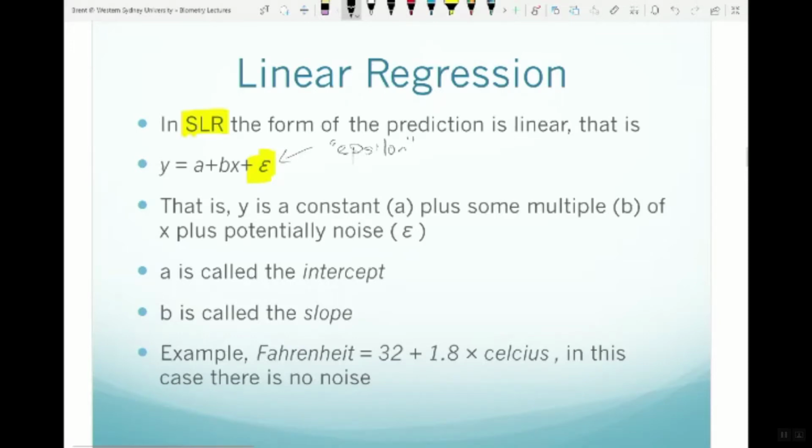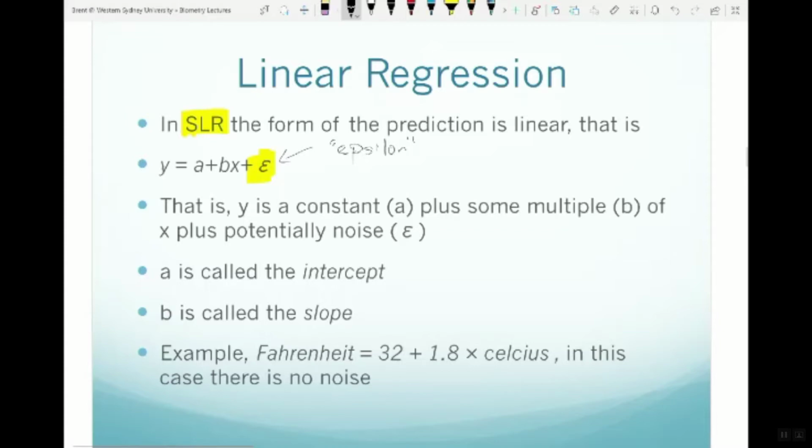We're not really going to come across epsilon again, aside from introducing it here. Epsilon is noise, is just some normal variation. You get your equation of the line. Obviously, your data isn't always going to fit exactly on the line, right? If it's not a perfect correlation, there's going to be some plus or minus either side of the line. That's all epsilon stands for there, okay? The statistical noise that you would get from normal variation.